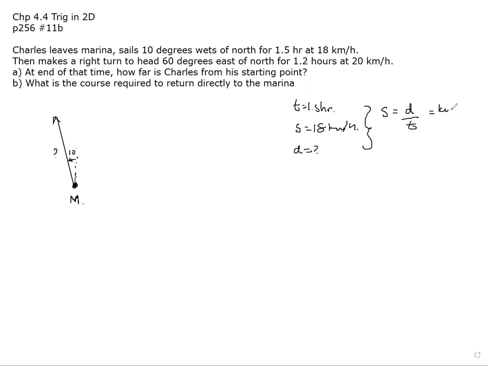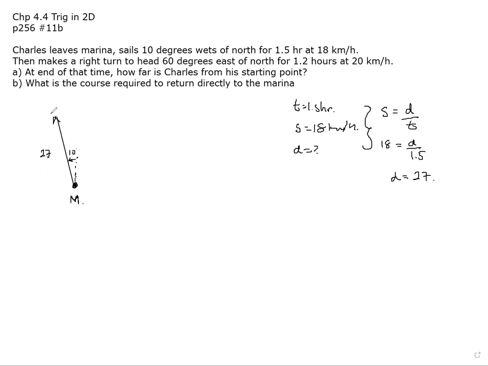This is why speed is always in kilometers per hour in a car. We are given speed, 18. We are given time, 1.5. How do I get d all alone? I'm going to multiply both sides by 1.5, giving me 27. The distance here is 27 kilometers.